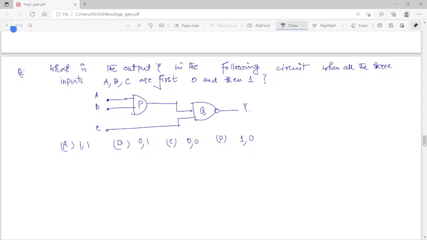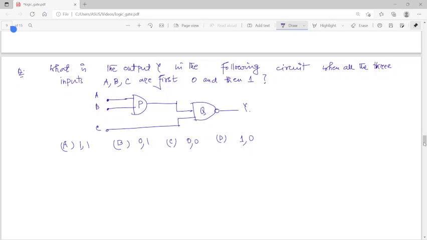So what is the output Y in the following circuit when all the three inputs A, B, C are first 0 and then 1? What should be the output?